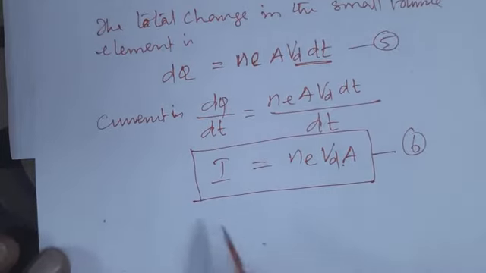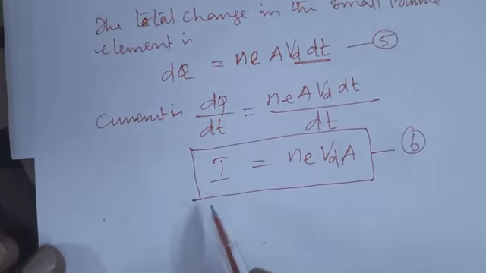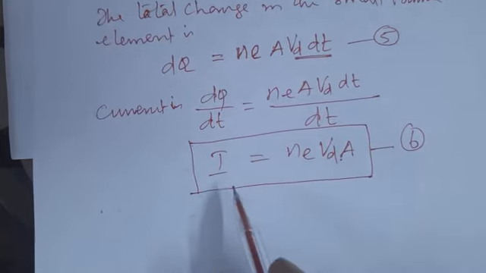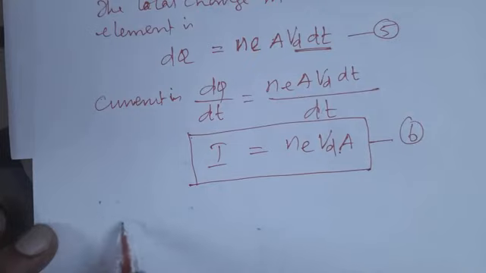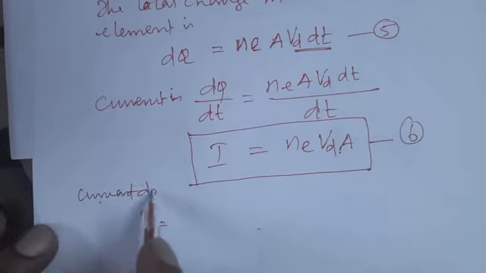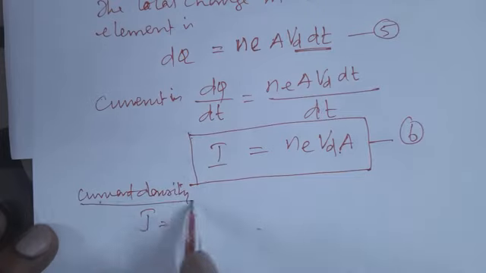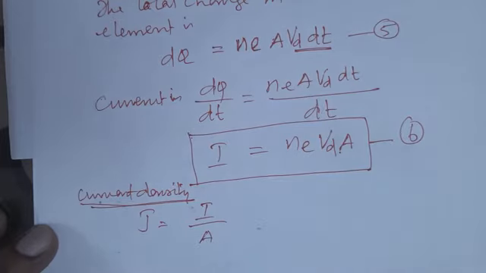Hereafter you can get the equation for current density and conductivity. We are already aware that current density J is I by A, the current passing through a unit cross section.